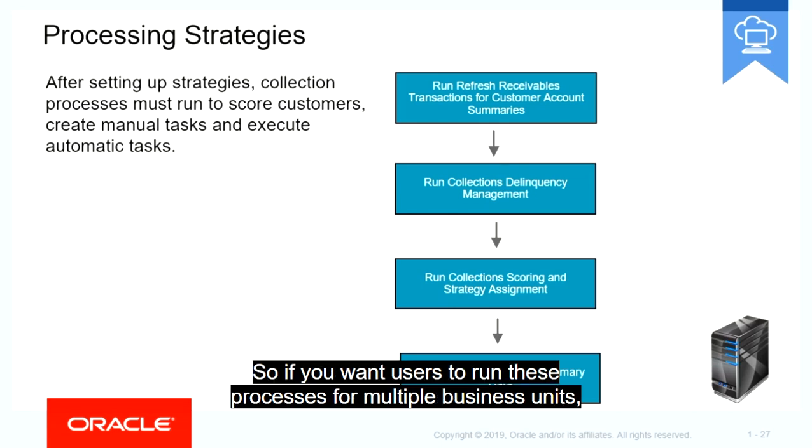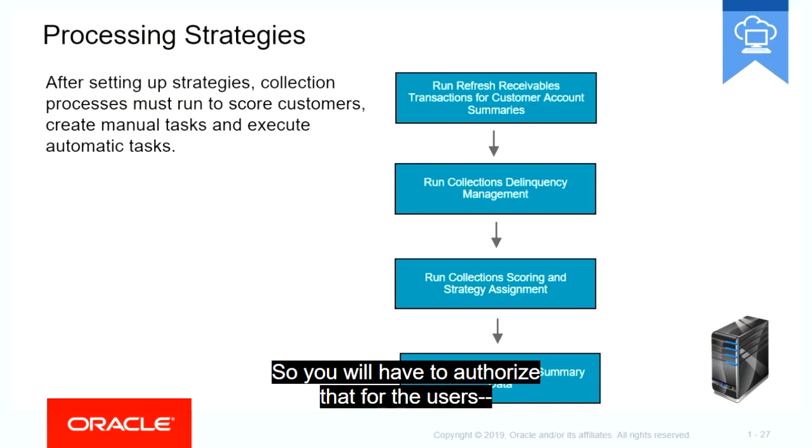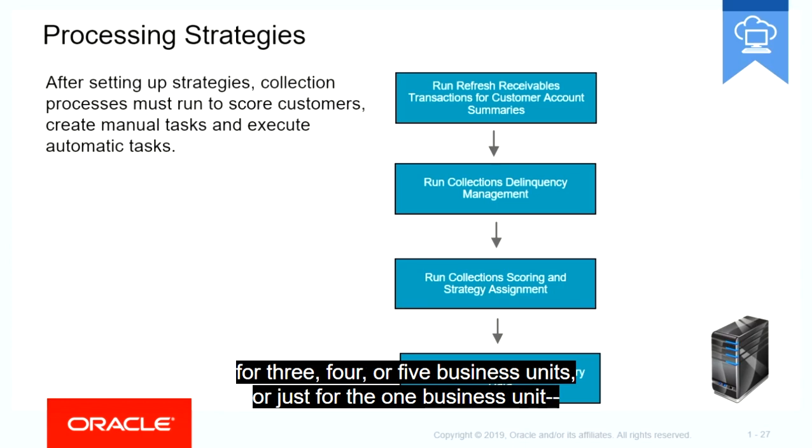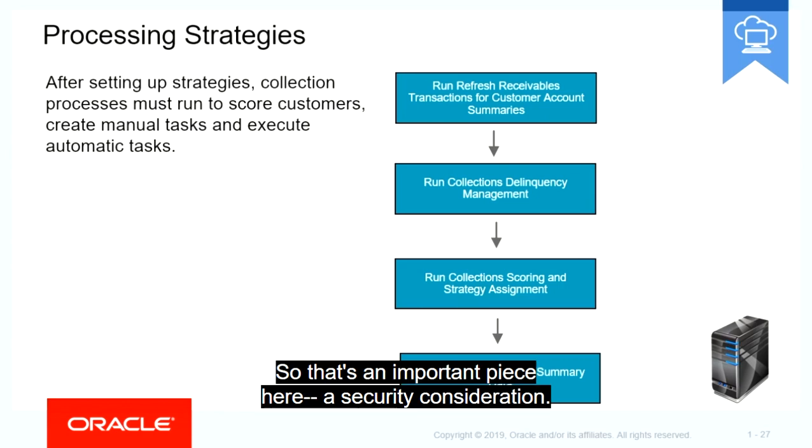So if you want users to run these processes for multiple business units, they must be authorized to do so. So you'll have to authorize data access for the users to those relevant business units, so that then the users can run these processes for 3, 4, 5 business units, or just for the one business unit, whatever is necessary. So that's an important piece here, a security consideration.